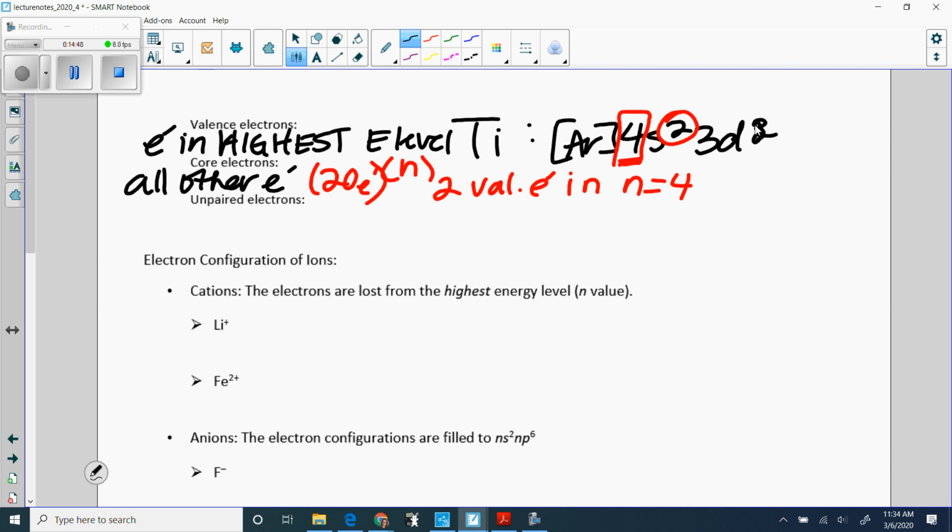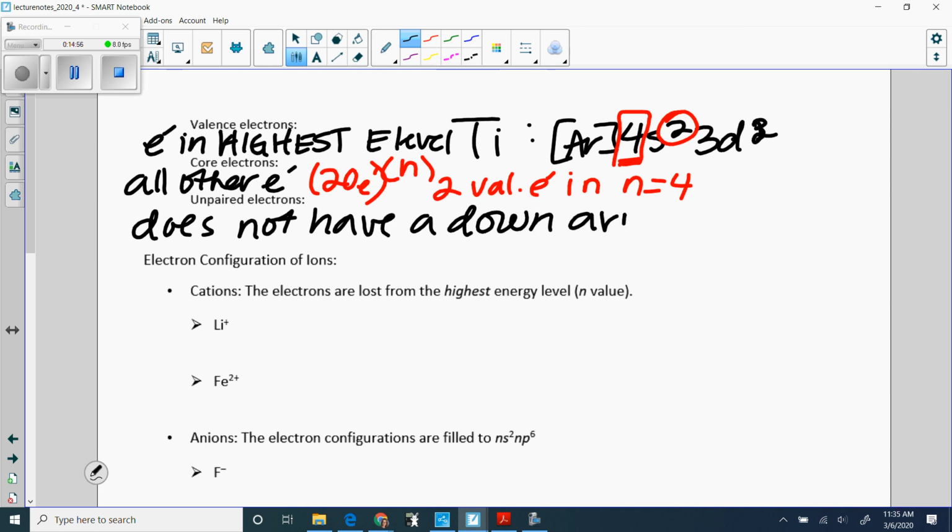Unpaired means it does not have a down arrow partner. This is how they test orbitals without having you draw arrows. They can just ask how many unpaired electrons it would have.